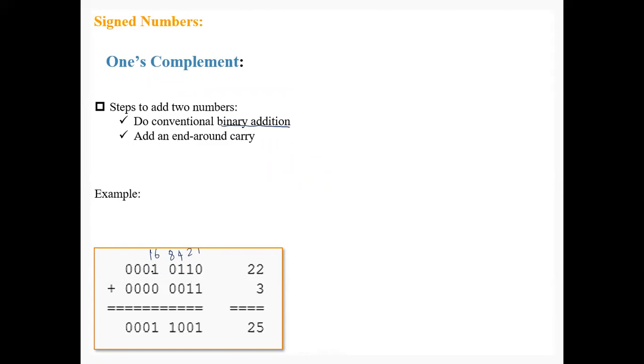So 16 times 1 is 16. 8 times 0 is 0. 4 times 1 is 4. 2 times 1 is 2. 1 times 0 is 0. So add them all together: 16 plus 4 is 20, plus 2 is 22. That's the easiest way of converting your binary to decimal.